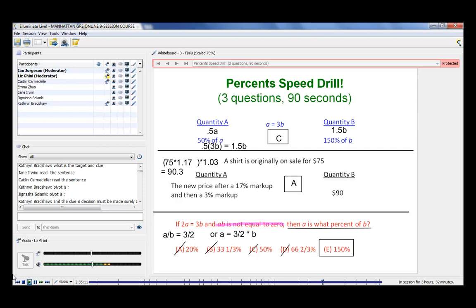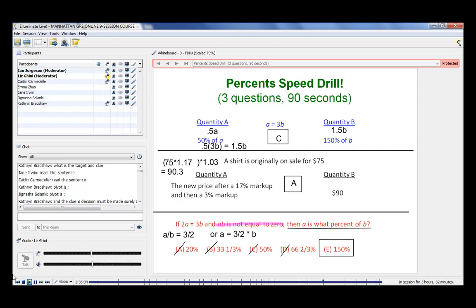As we do these, what I'm going to tell you is, with fraction drills, you really have two choices. Get out some scratch paper, because it's often easier to do them as fractions. It's often a waste of time to do it as a calculator drill to convert to percents, because it'll take too long.